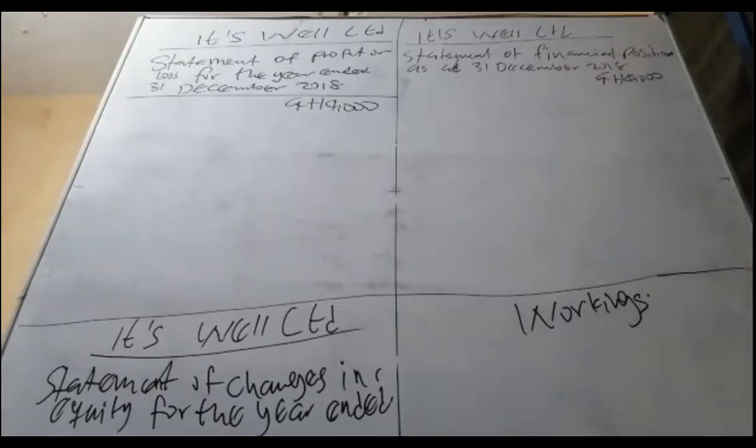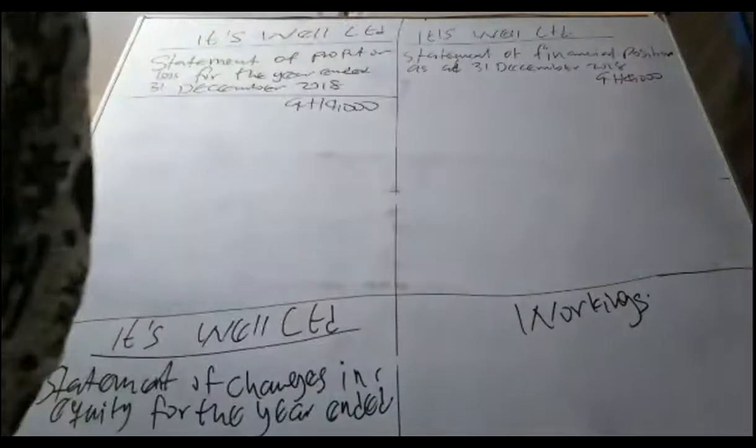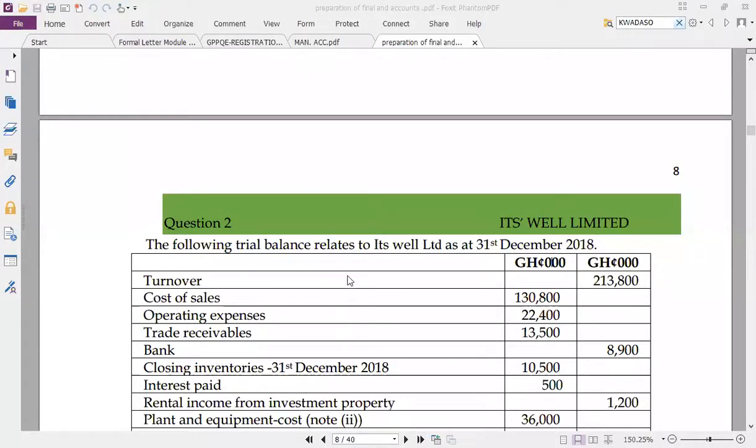Now you start from your revenue, your profit or loss, and provide a few items there. When we scanned through the trial balance, we saw revenue, right? We saw turnover. So we go and pick it. Okay, so in this question, they give us the turnover, right?